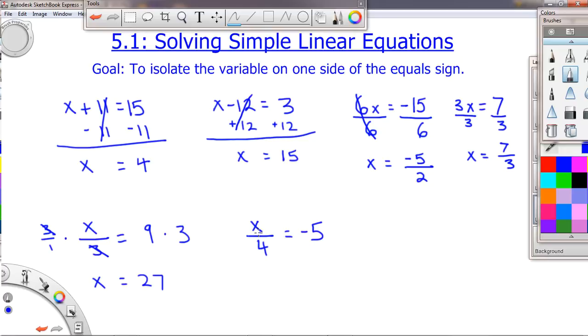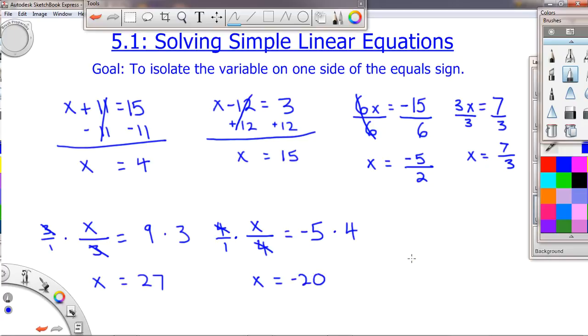I need to do the inverse of dividing by 4, and that's going to be multiply by 4. The only reason I'm writing 4 as a fraction here is so you can see that the cross canceling happens. But multiplying by 4 like this and like this are the exact same thing. So x is equal to negative 5 times 4, which is negative 20.